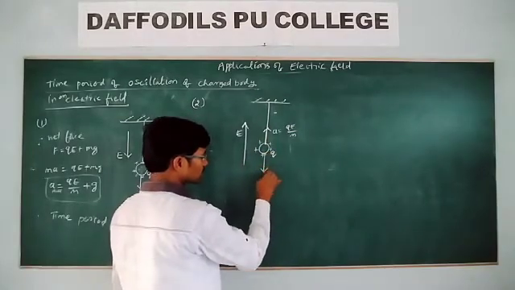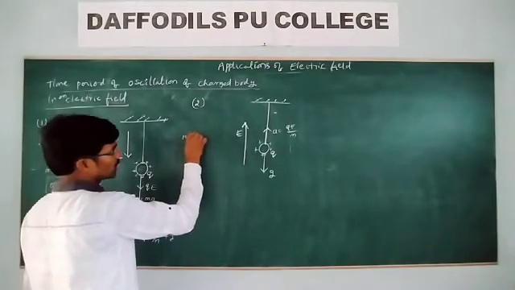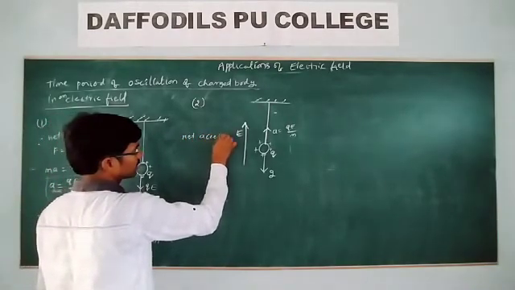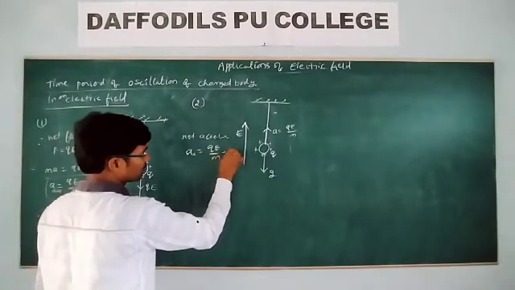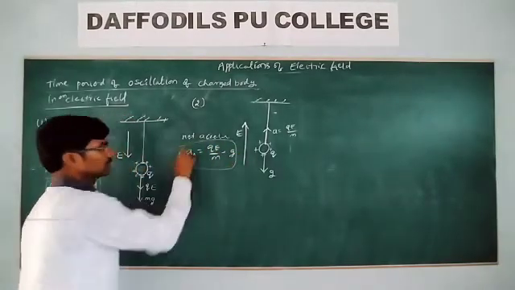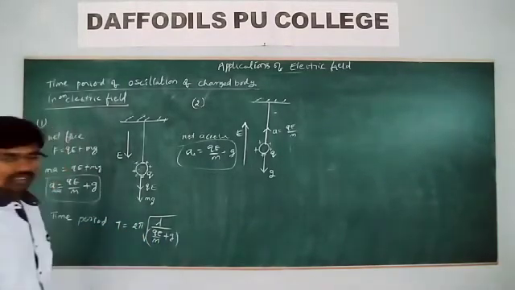But the acceleration due to gravity is in the downward direction. Then the net acceleration a is equal to QE by m minus g. Again, T is equal to 2 pi into root over L by the effective acceleration, QE by m minus g.